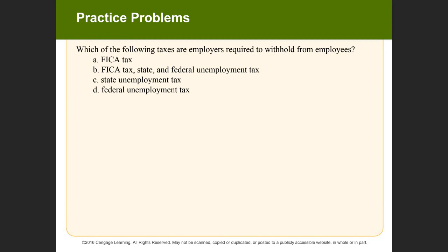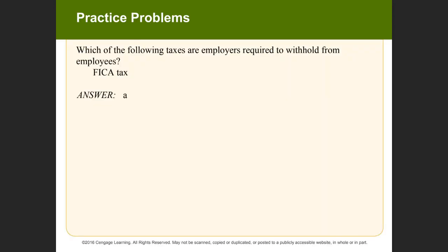So employers are required to withhold FICA. That's the one they're required to withhold. The one you can opt out of, I think, both federal and state. I know federal, you can do it, depending on your status.